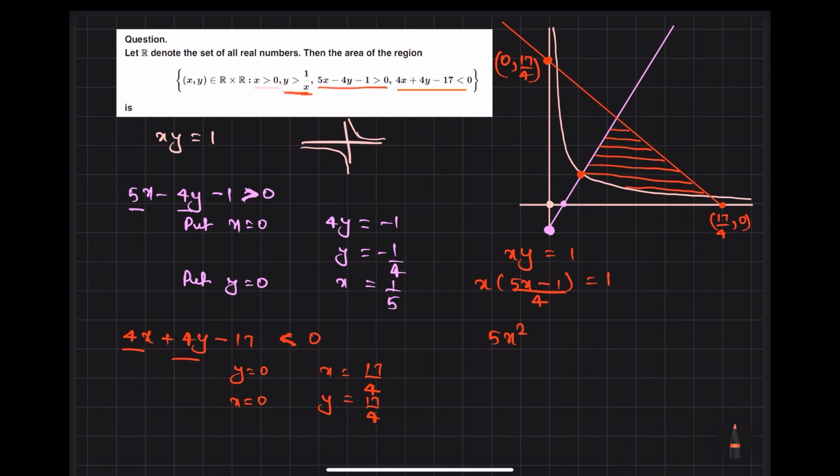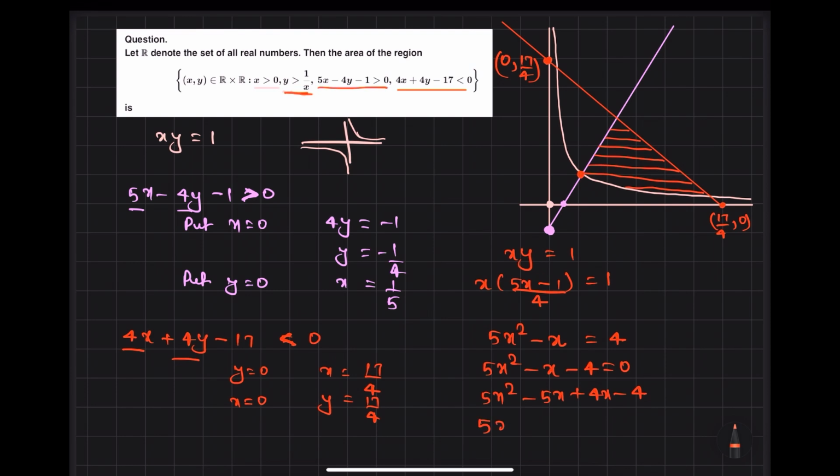So we have 5x square minus x equals 4, so 5x square minus x minus 4 equals 0. So we have 5x square minus 5x plus 4x minus 4.